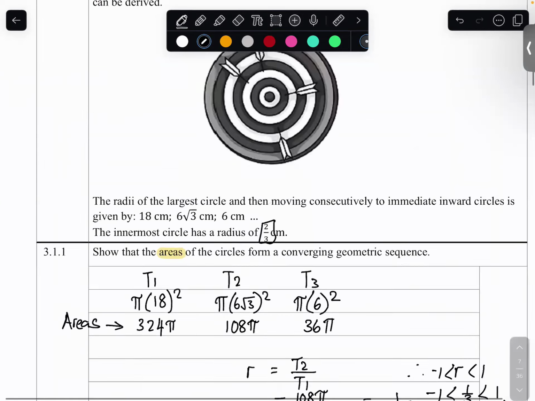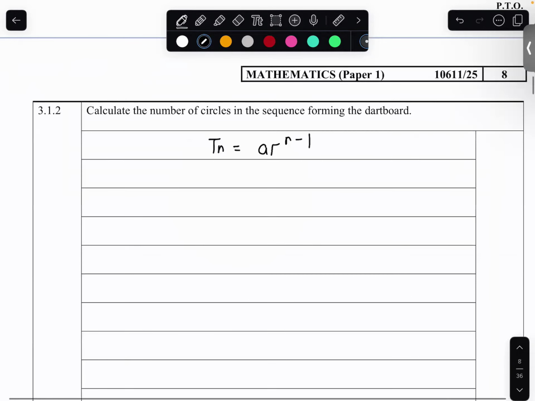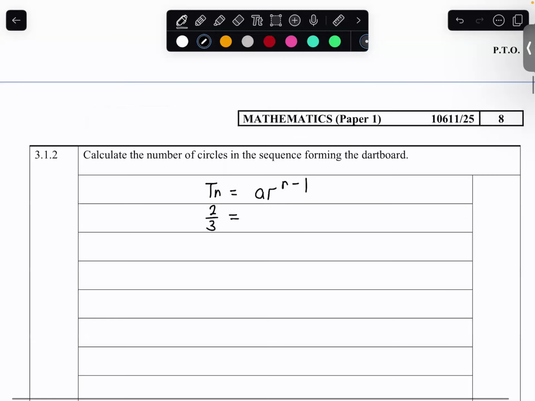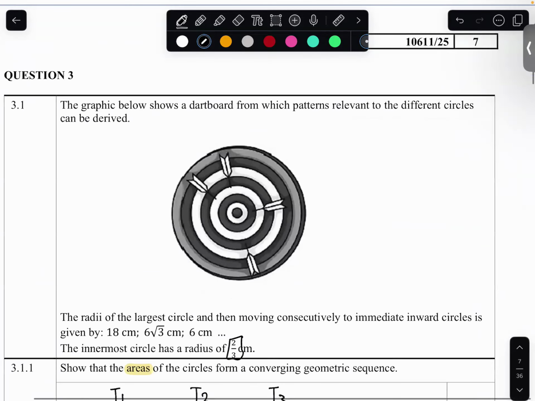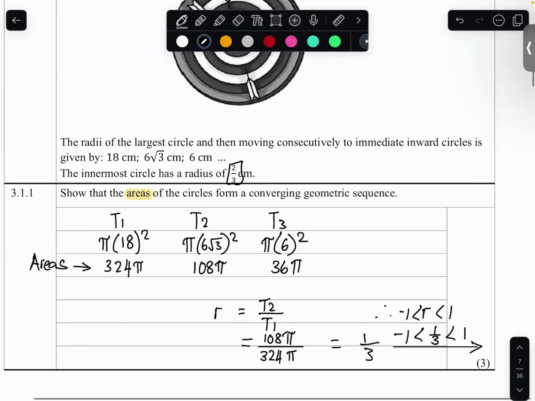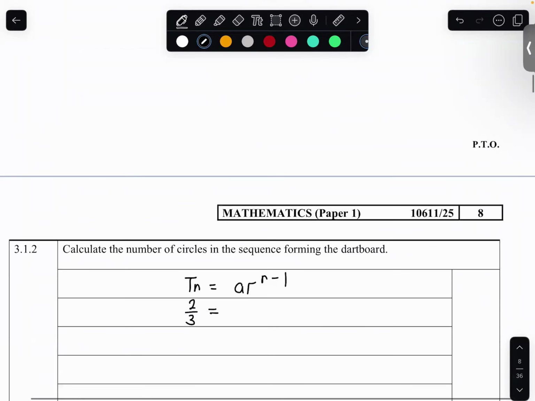So that means I can calculate how many terms are in the sequence, because this is just a weird way of asking how many terms are in the sequence. The way that I do that is with Tn, and I know that the last value of Tn is 2 over 3. So this is a, and n is the number of circles. We're calculating with the radii, so the first term is 18.